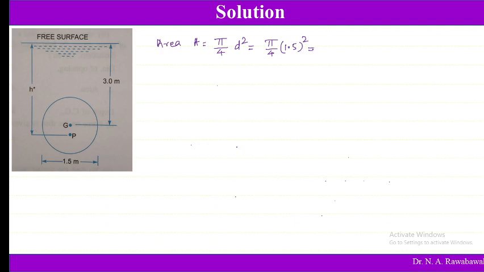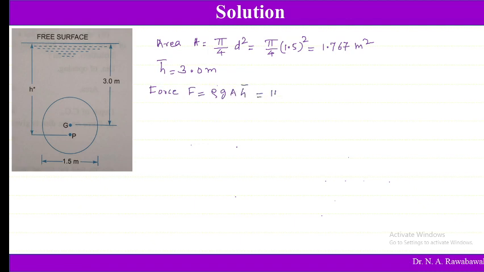If we simplify, it is 1.767 meter square, whereas we know H bar is equal to 3.0 meter. To find the total pressure, F is equal to rho g A H bar.